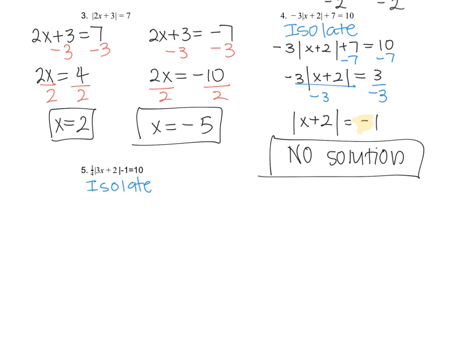So I'm going to rewrite, so we have 1/4 times the absolute value of 3x plus 2, minus 1 equals 10. My first step in isolating is going to be to add 1 to both sides. So we have 1/4 times the absolute value of 3x plus 2 equals 11.